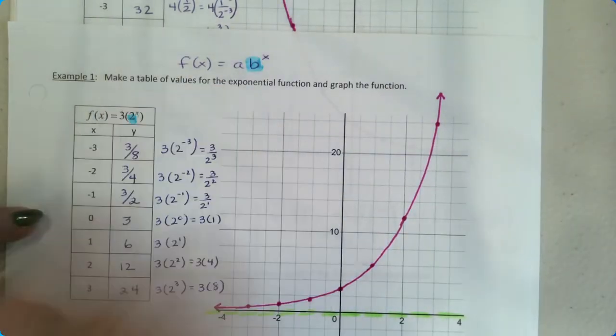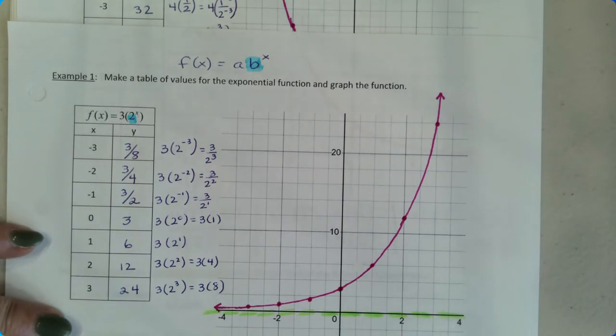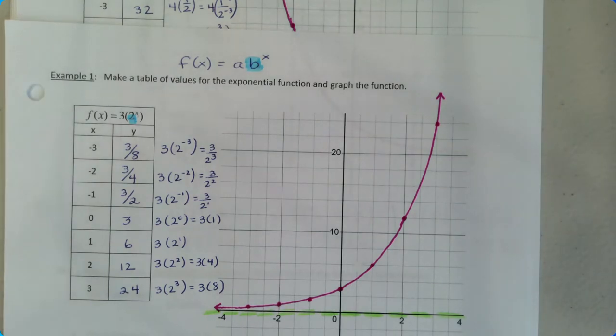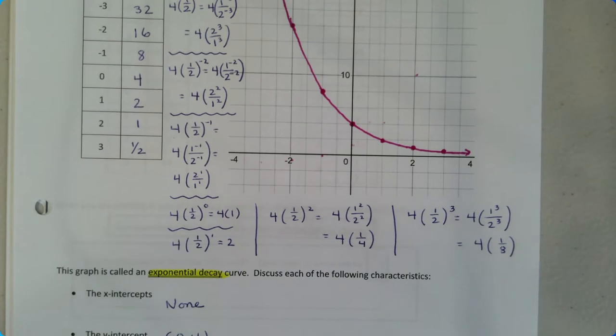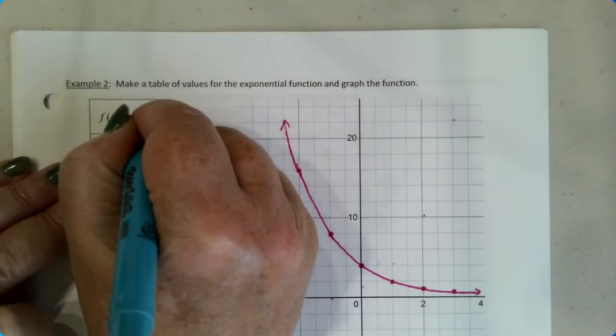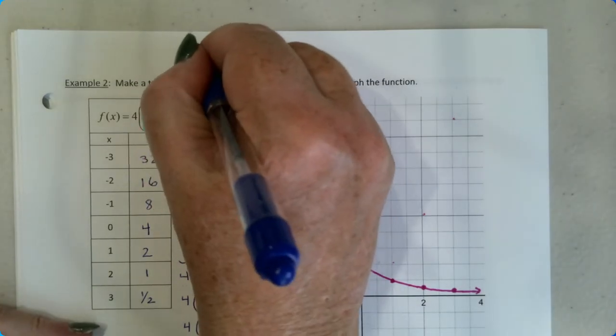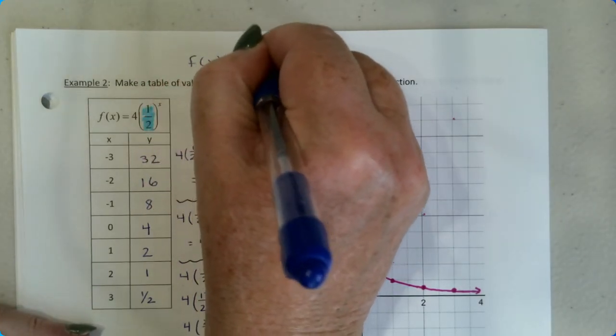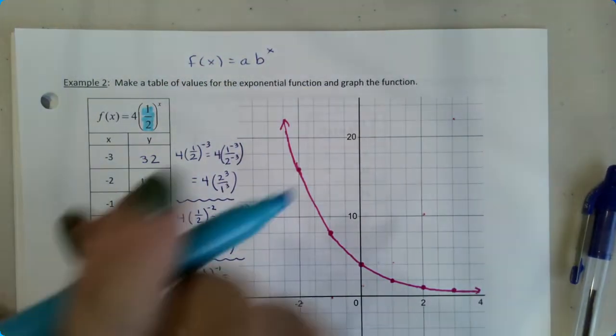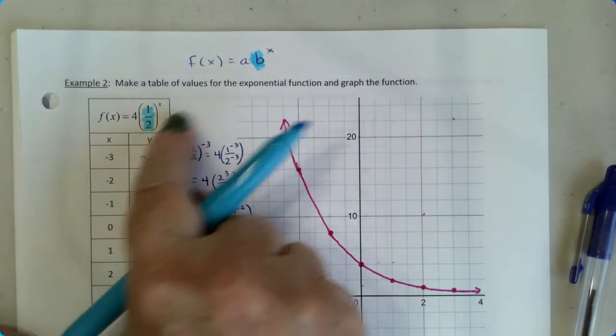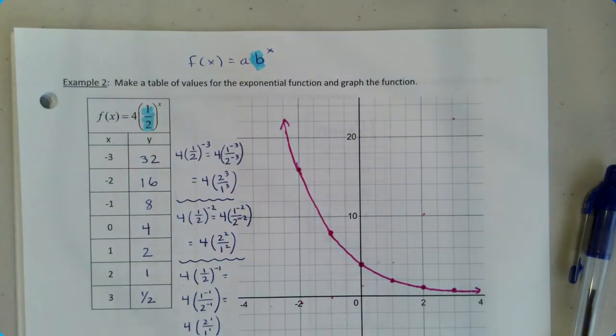So here, the b value is 2, and we got exponential growth. On this one, the base is 1/2. And we got exponential decay.